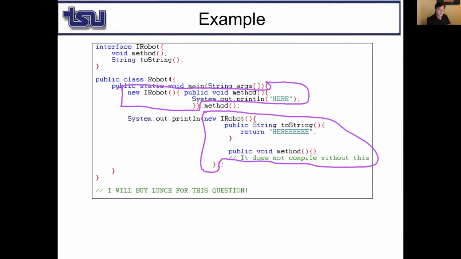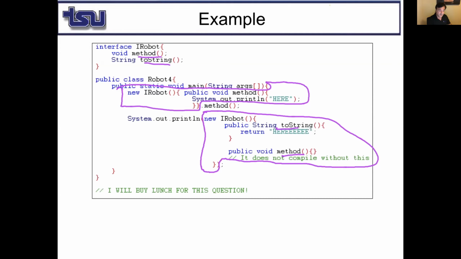I create an anonymous object of an anonymous class that implements iRobot, and it overrides the toString method this way, and it overrides the method this way. Okay. Do I call any of those methods? No. And that means I am printing the string representation of it.